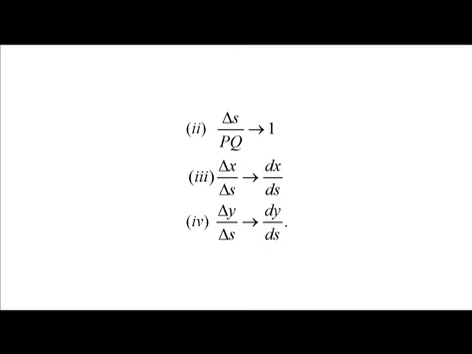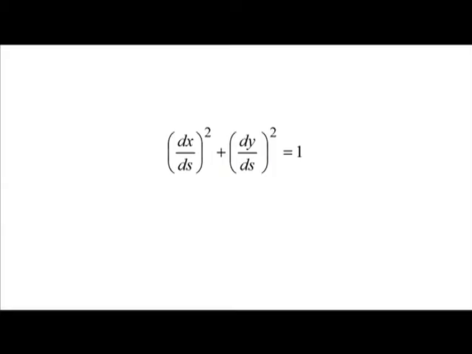Delta x by delta s approaches dx by ds and delta y by delta s approaches dy by ds. Hence, in the limit when Q approaches P, equations 4 and 5 give sin psi is equal to dy by ds and cos psi is equal to dx by ds.